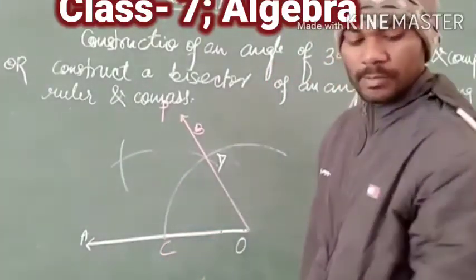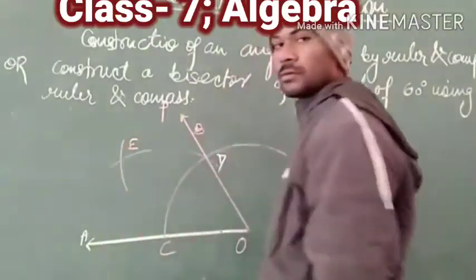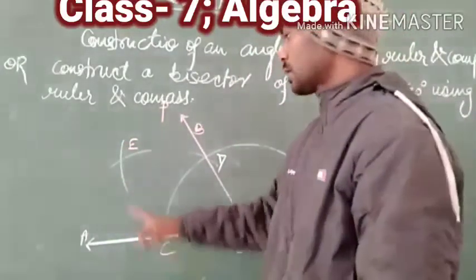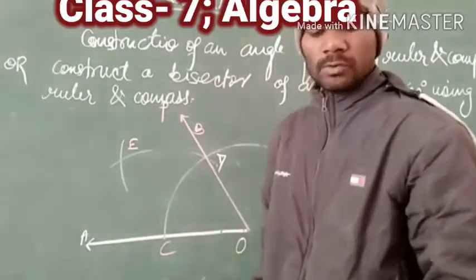Give the name E to this point. Now join the point E to the point O.